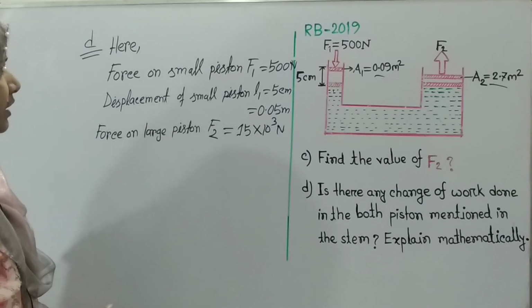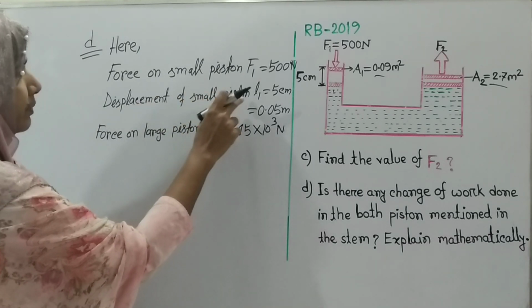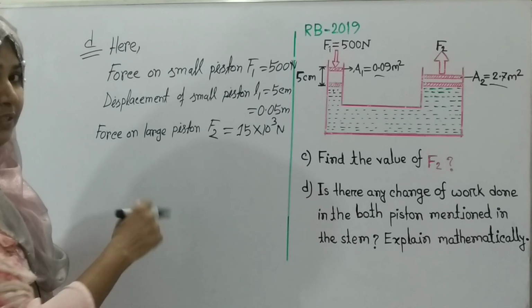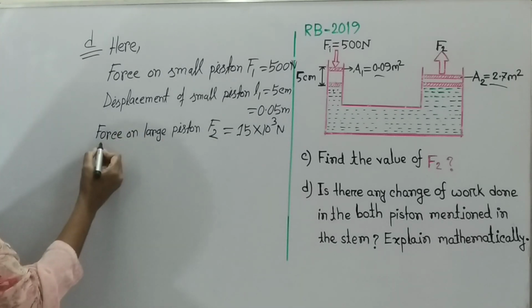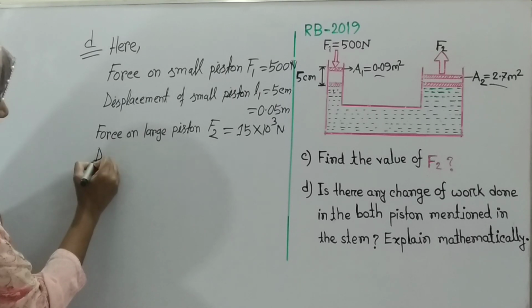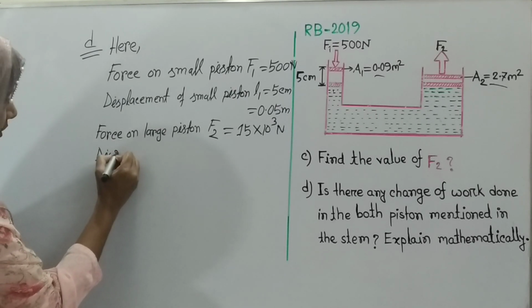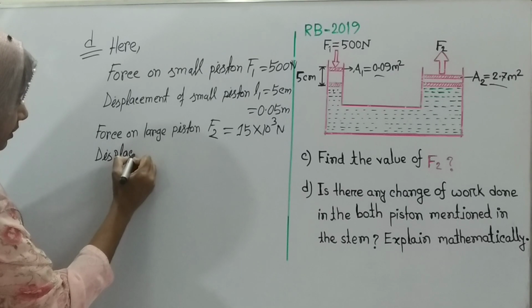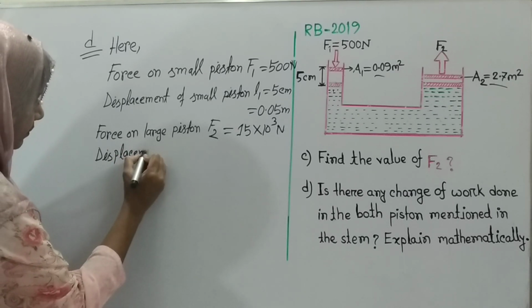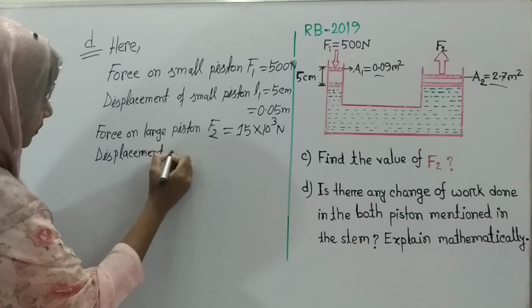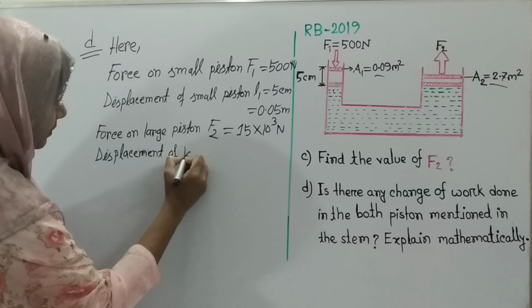So now firstly we have to identify the displacement of large piston, then we can identify the work done in both pistons. That means we have to calculate the displacement of large piston.